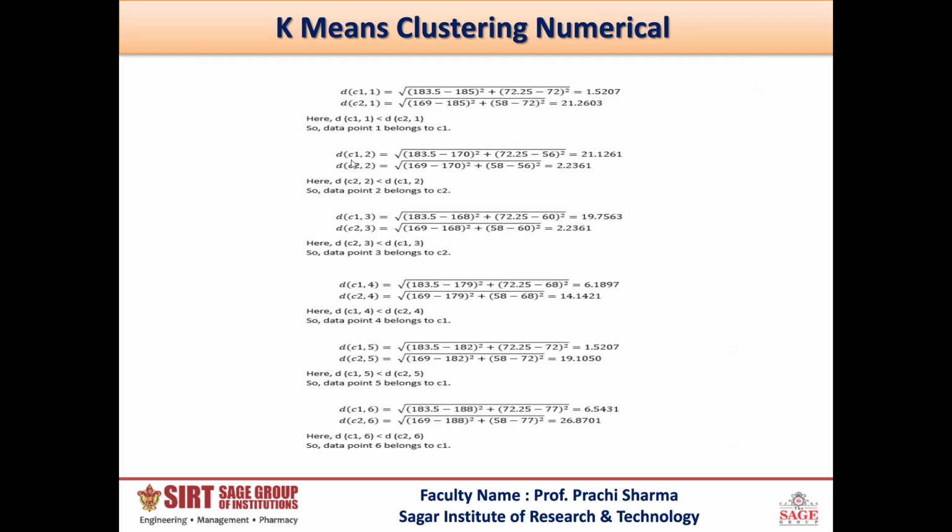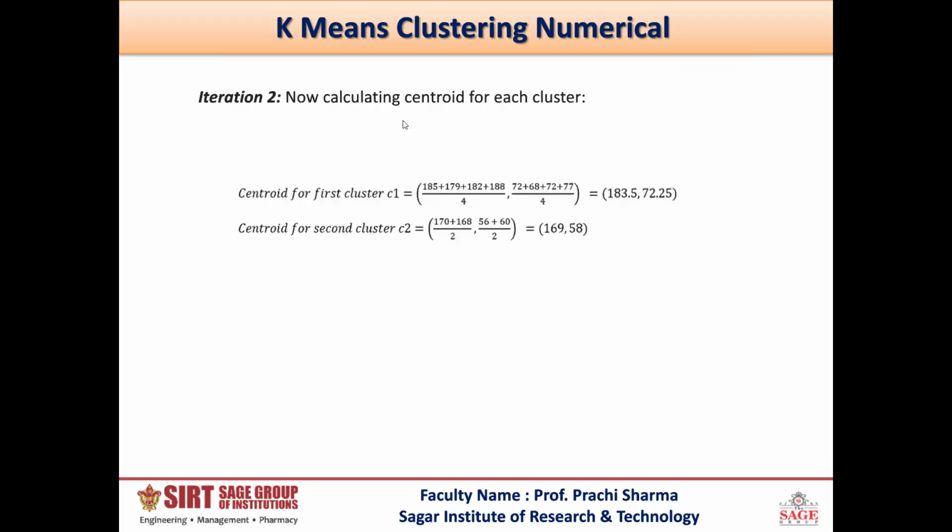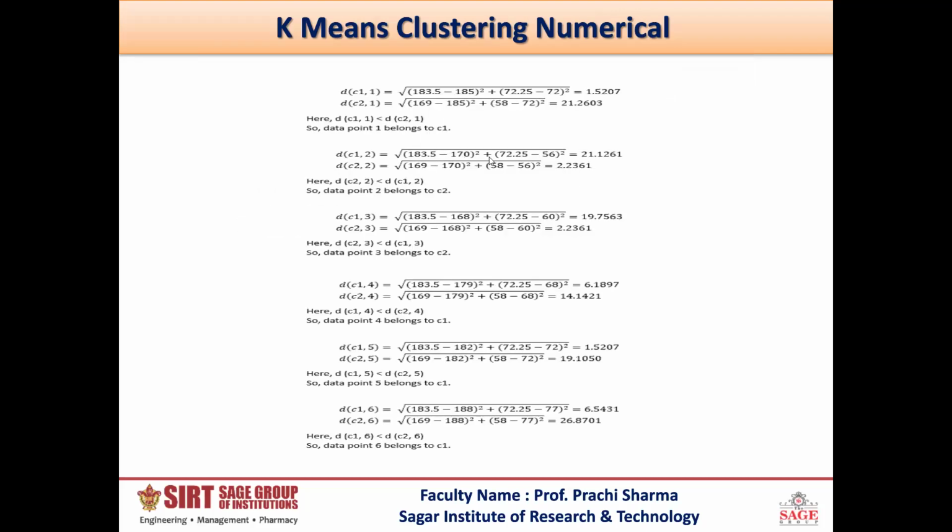Similarly, we calculated for C1 and C2 for point 2. Our value for C1 is 183.5 and 72.25, and the value for point 2 was 170 and 56. So you just put the X value and Y value respectively. After solving this, you get 21.12.